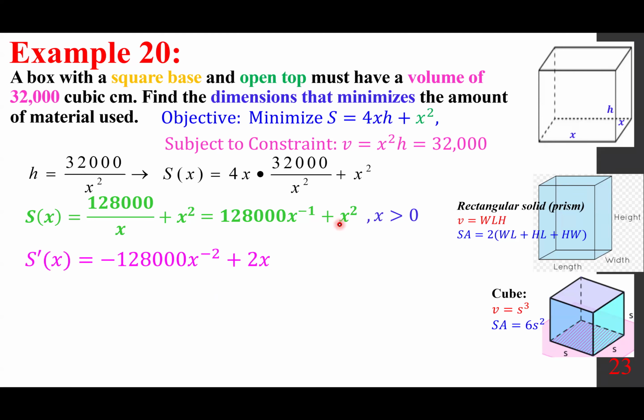So this is S prime. And to find the critical point, you set this equal to 0 and where it's undefined. So this is over x squared. And when you take a common denominator, this is what you end up with. So S prime is 0 when the top is 0, S prime doesn't exist when the bottom is 0, and the bottom gives you 0, which is not in the interval of 0 to infinity.